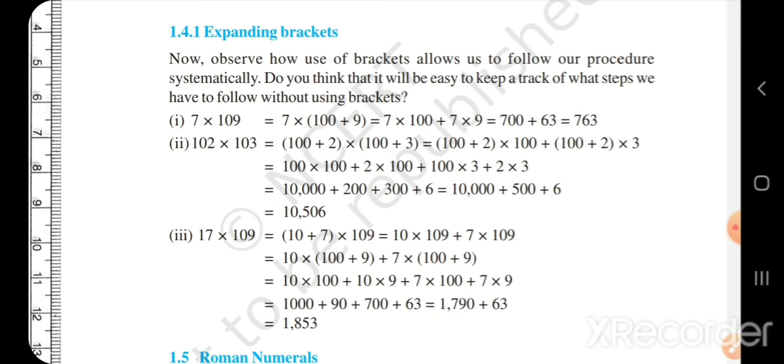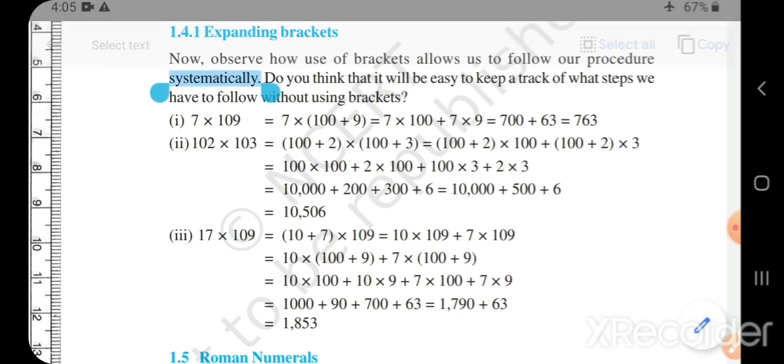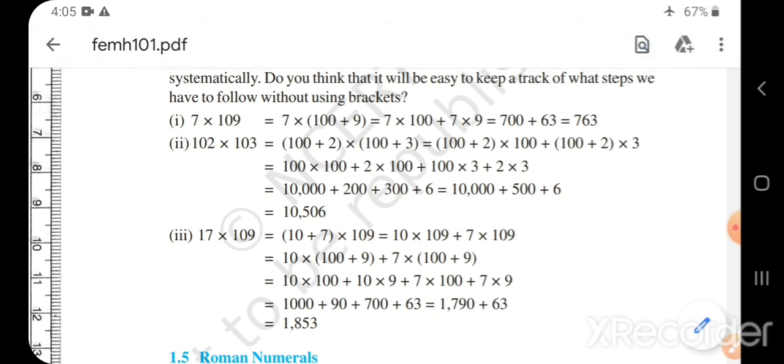Second is 102 into 103. So 102 we can expand as 100 plus 2, and 103 as 100 plus 3.